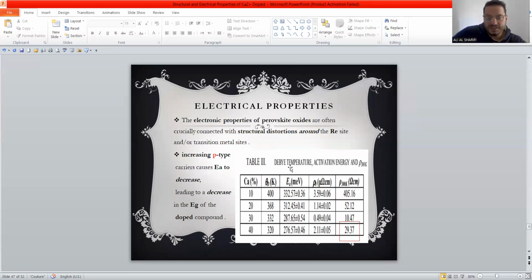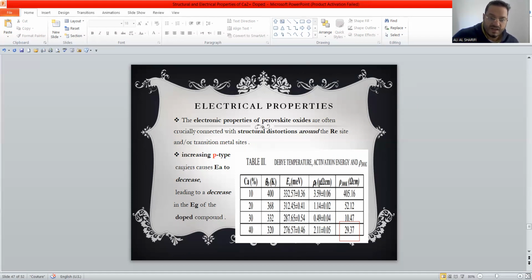The electronic properties of perovskite oxides are often crucially connected with the structural distortion around the rare earth site. This is a little bit important: the electrical properties of perovskite oxides depend on the structural distortion around the rare earth.